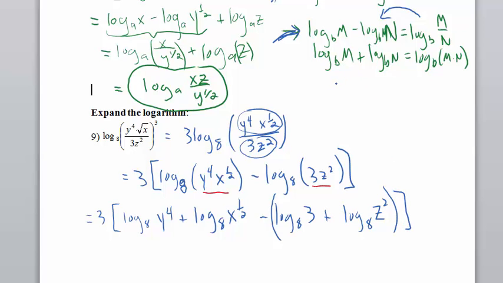Okay, that's applying this property right here. All right, so that's expanded. Now, we follow the directions and expand, but there's one more property that we could do. It's not really an expansion, but we could bring all these exponents down if we wanted to, right? We could apply that first property and bring those down.